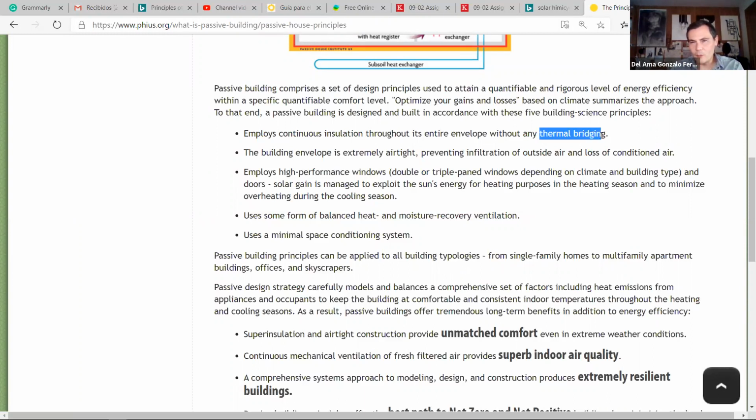We will talk about thermal bridging later. The building envelope is extremely airtight, so airtightness is very important. Windows, double or triple paned. In New Hampshire, in our TDS center, we have triple paned windows because it improves the thermal insulation of windows.